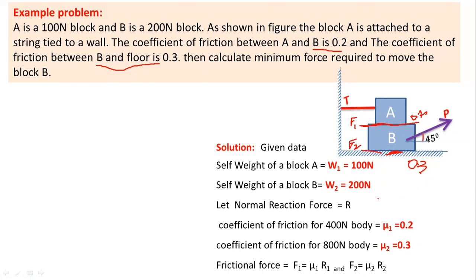These are the given values. From the given values, you have to identify the direction of motion of the blocks. From these details, you have to determine the pulling force required to move the block B in the right side direction.